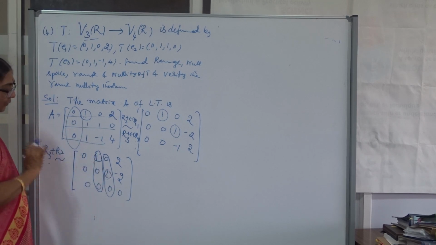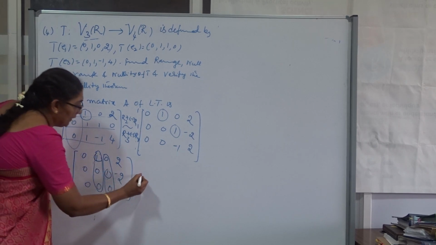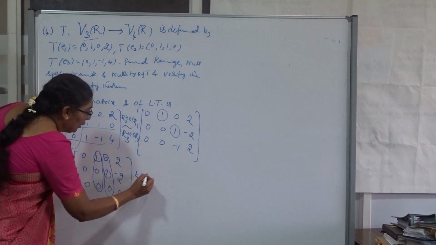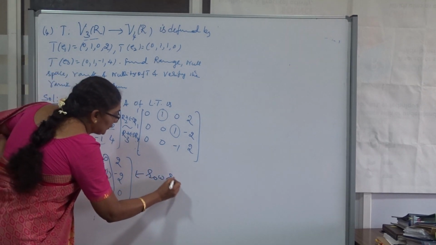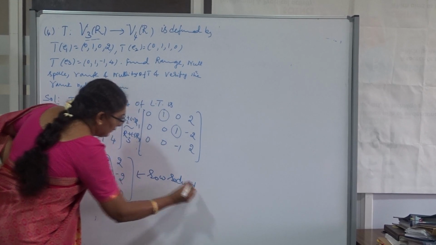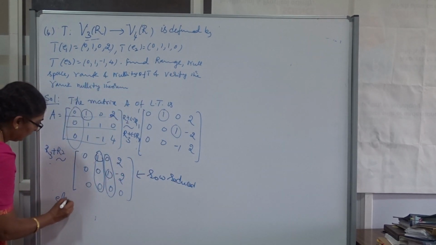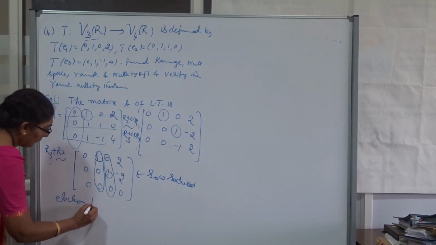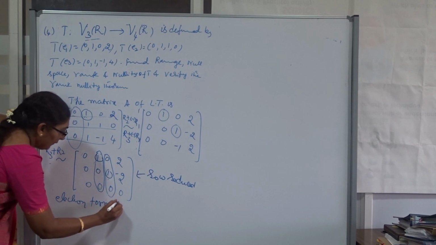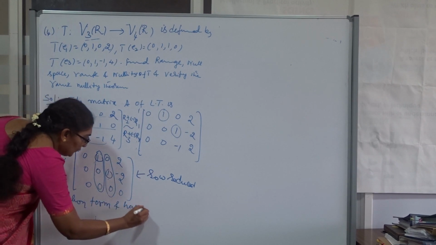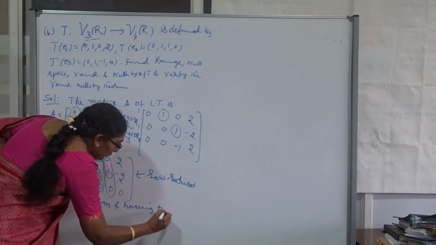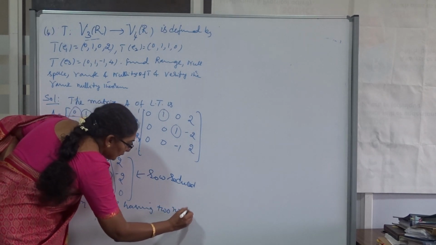Therefore, it is converted into row reduced echelon form. And it has how many non-zero rows? 2 non-zero rows.